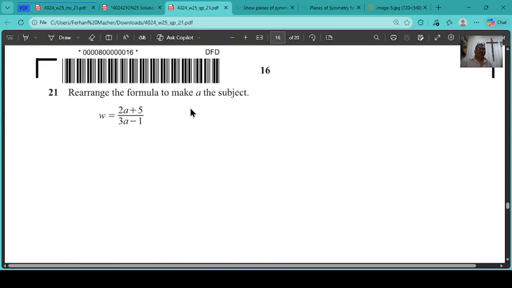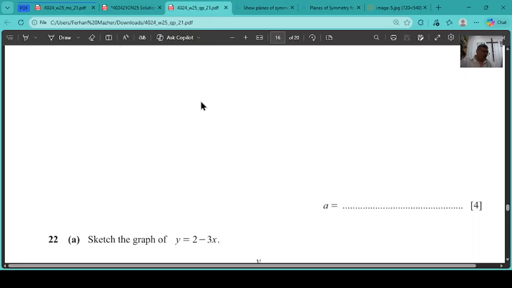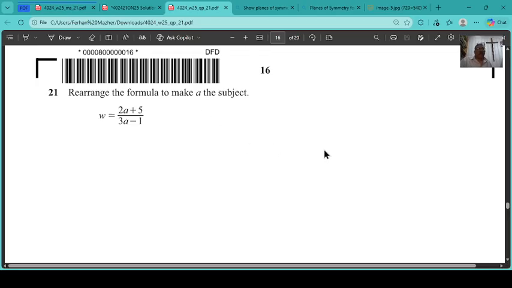Next question on your screen, question number 21. And this question is of 4 marks. Question number 21 is a very simple, straightforward question. It says, rearrange the formula to make A the subject. So I want to rearrange this and make A the subject. To make A the subject means to make A alone on one side of the equation.